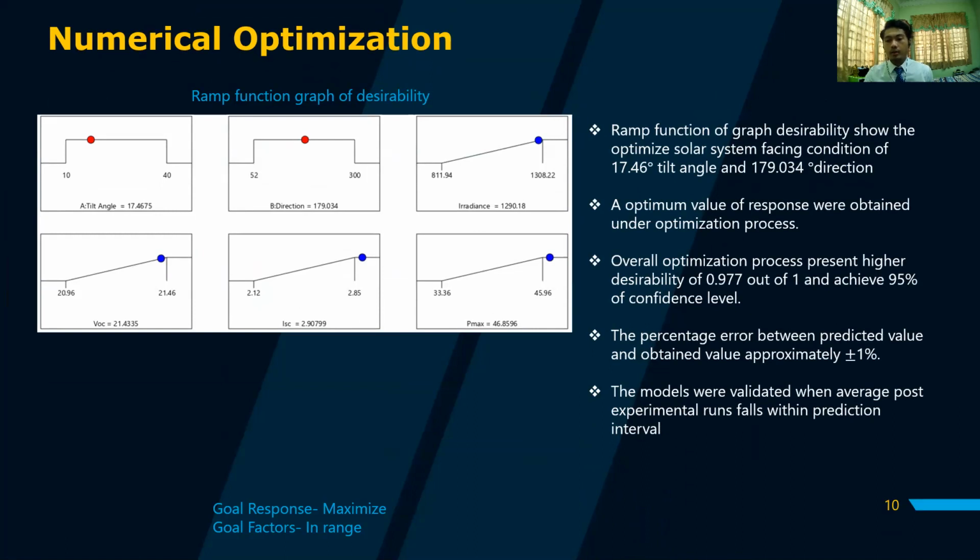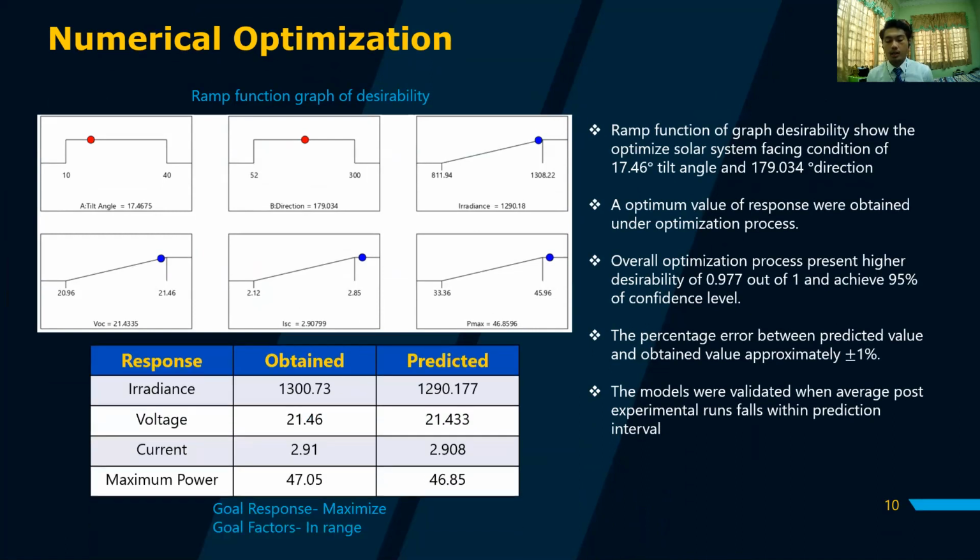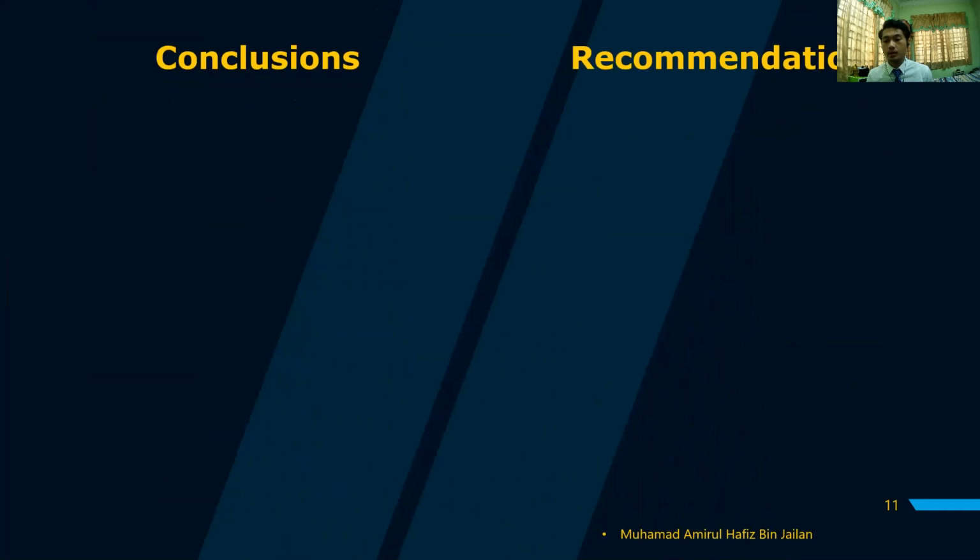And I can cross-validate this result with a new post-analysis and new confirmation runs. As you can see on the table, the comparison of obtained and predicted values, and the percentage error between the obtained and predicted values were approximately plus minus 1%, which is acceptable.